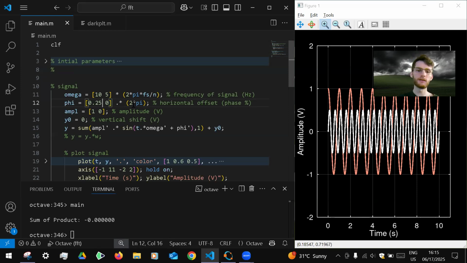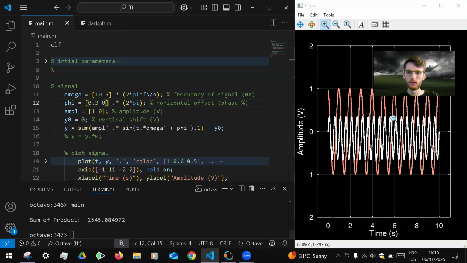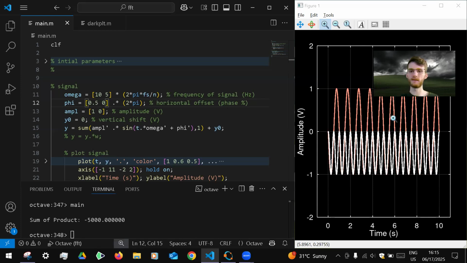Now this area is 0, the area under this product curve. Let me increase it just a little bit more. Let's say 0.3. Now the area is becoming more negative. What about 0.5? Maximized again.